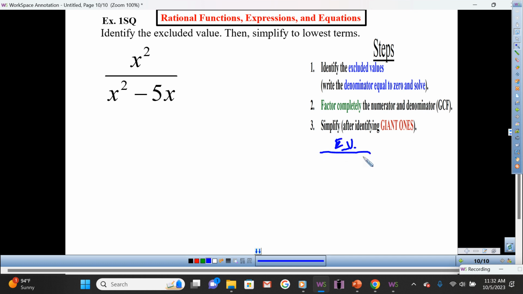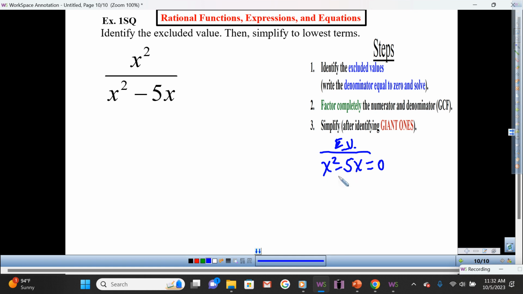EV. What do I write? Tell your neighbor. What do we write to get started? Brandon, Darty, what do I write? That is correct. We set the denominator equal to 0. Okay? Whenever you have these guys, there's a squared and a minus.